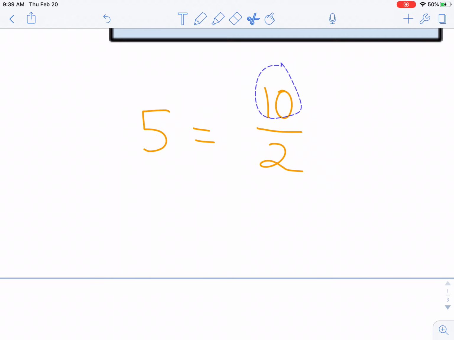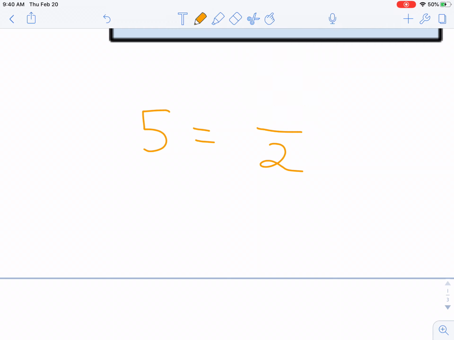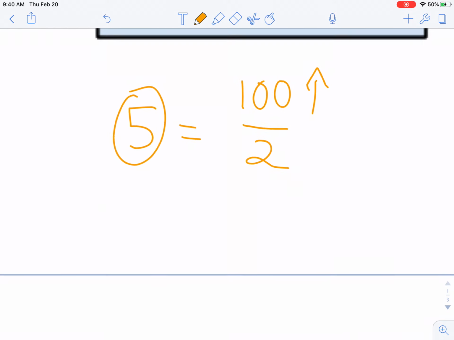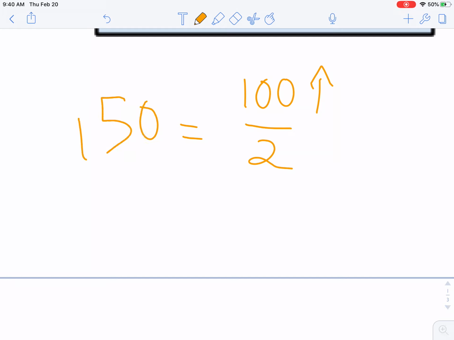But if I make this 10 bigger, not in size, but actually in number, if I make it 100, I've just increased that quantity in the numerator. What happens to this 5? Well, this also has to increase in order for it to be a true statement. And in fact, 100 divided by 2 equals 50. Way more than 5. A factor of 10 more than 5.